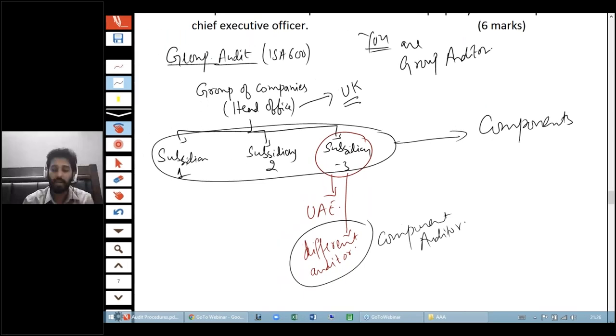It's not necessary that you are auditing the entire group. It quite may be possible that the auditor of this subsidiary would be a different audit firm, and that is known as the component auditor.